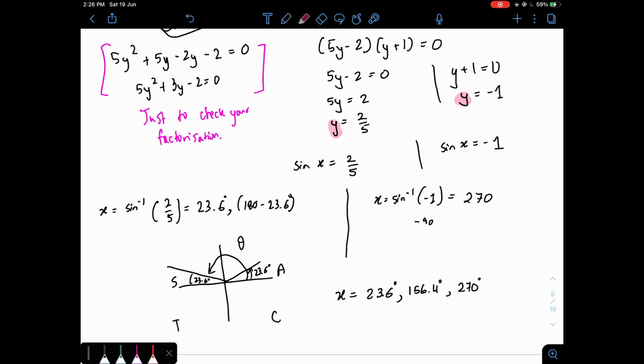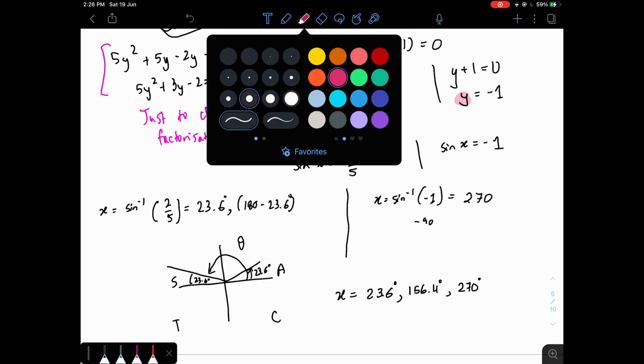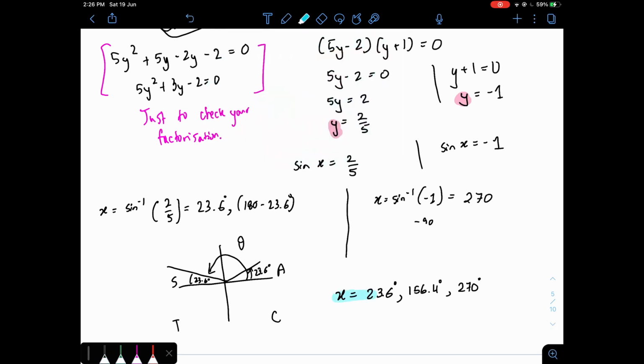Okay, so this is our final answer. We ignore negative 90 because it's outside the range. Okay, all right, so that's the answer to this.